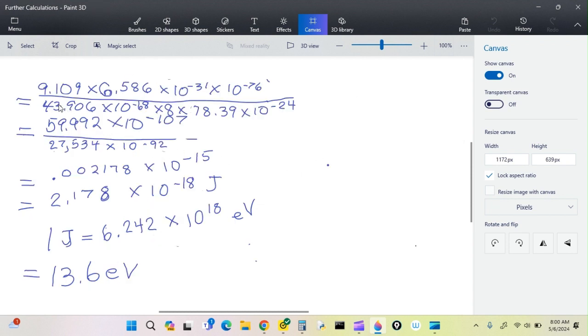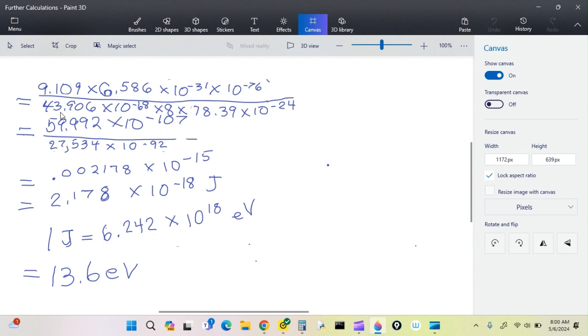All right, finally, if you multiply these two numbers together, you get 59.992, and you multiply that times 10 to the minus 107. If you add these two things together, minus 31 and minus 76, you get minus 107.